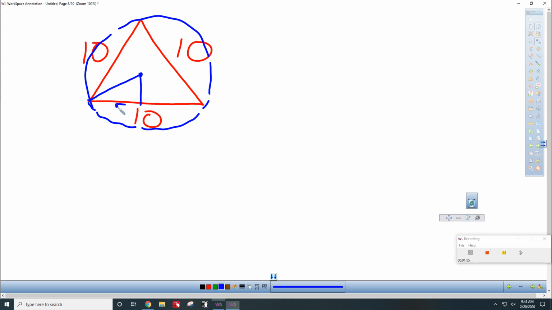Well, this is 5, and this is then 5 divided by radical 3, and if you don't remember why that is, then you're going to have to come talk to me. And then this would be 10 divided by radical 3. Okay? And that's 10 radical 3 over 3.